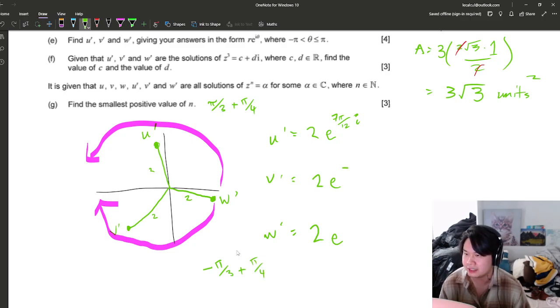So this is now negative pi over 12i. And then V is easy because you just rotated it this way, pi over 4, counterclockwise. So this is now negative 3 over 4 pi i.